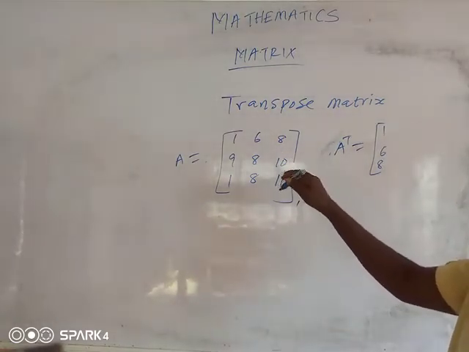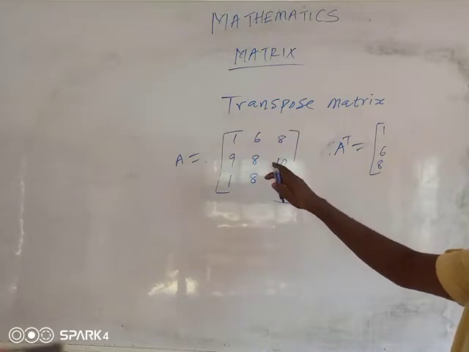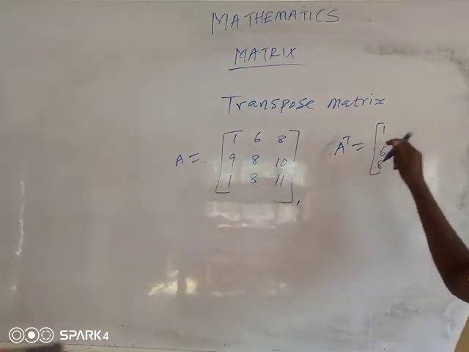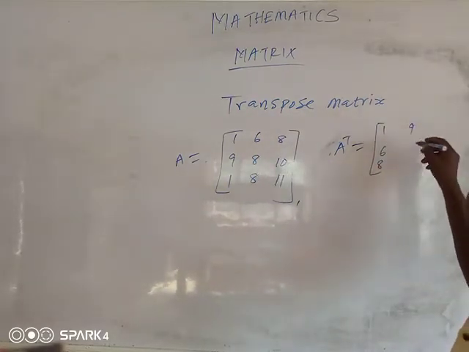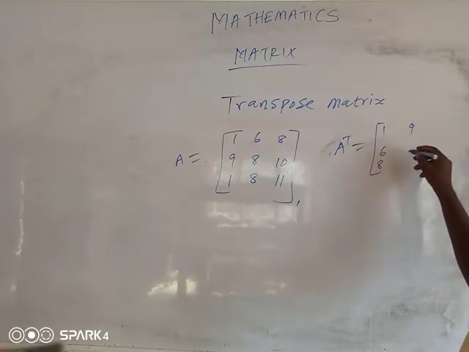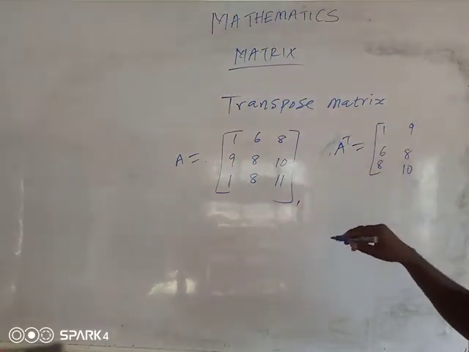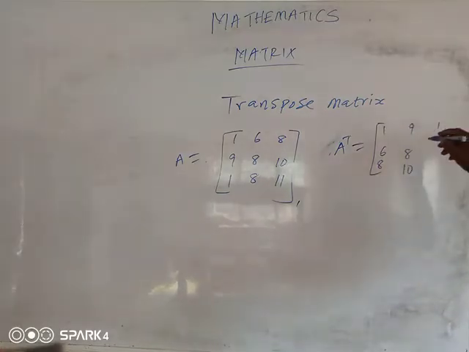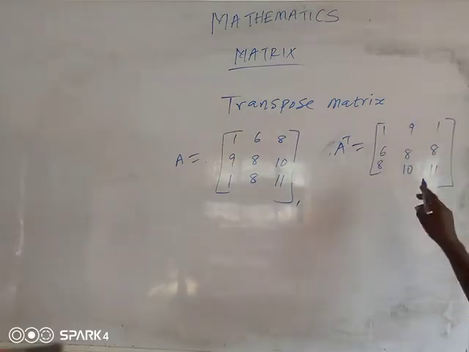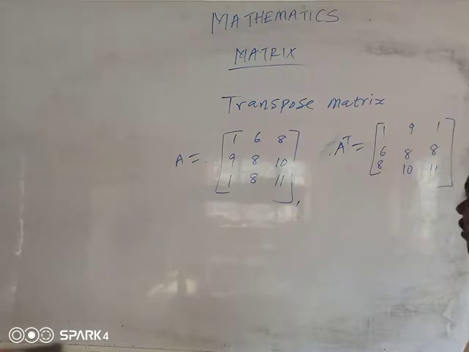I'm done with that; that has become a column. Now, this one will also become a column. We have 9, the first element, then 8, then 10. Then we have 1, which is first, followed by 8, followed by 11. So this is what we call the transpose of a matrix.